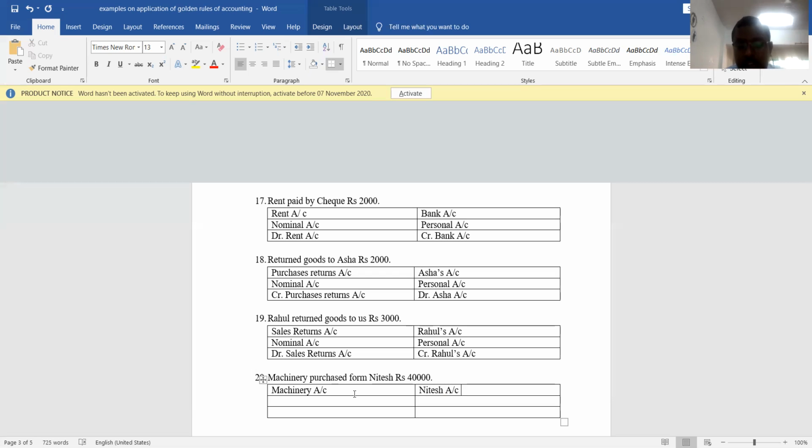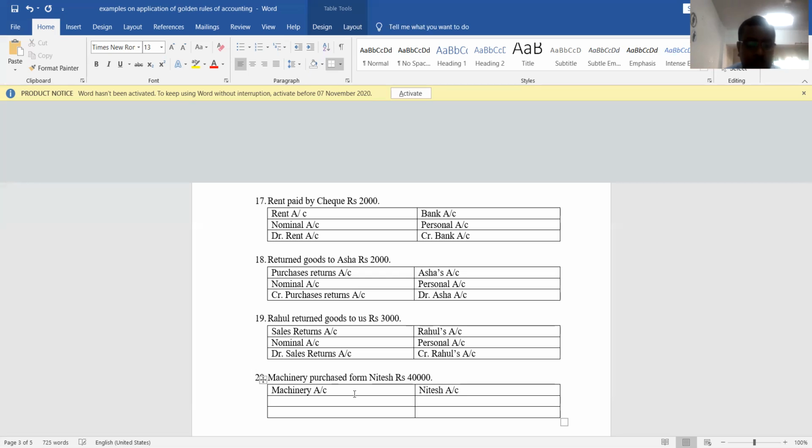Even if it is machinery purchased from Nitesh for cash rupees 40,000, it becomes a cash transaction, so Nitesh's account would not come. So here the two accounts are machinery account and Nitesh account. Since it is a credit transaction, the person's account is very important.